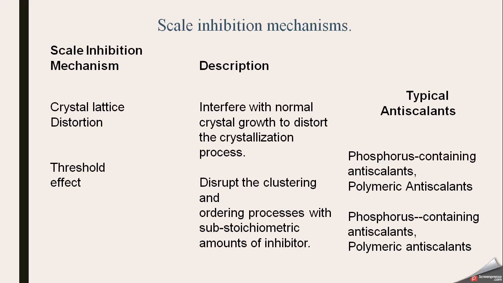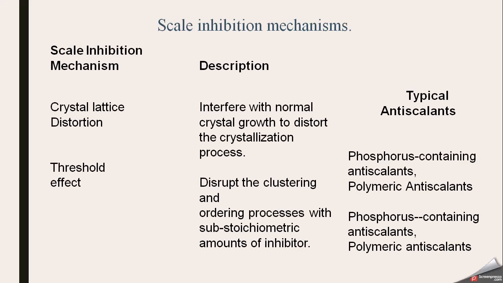Similar phosphorus-containing antiscalants are these types of compounds. And the fourth one is the threshold effect: disturbing the clustering and ordering processes with substoichiometric amounts of inhibitor. Due to the scale inhibitor capturing some calcium or magnesium scale-forming ions, their stoichiometric ratio is disturbed.